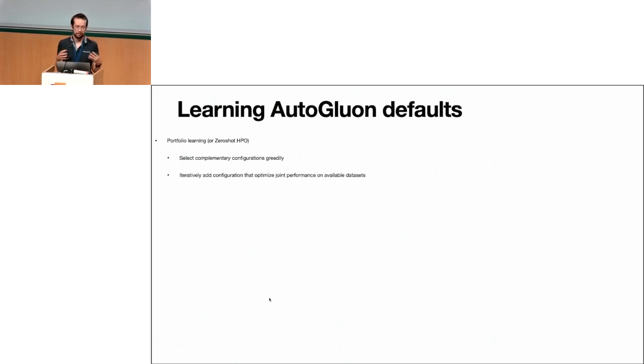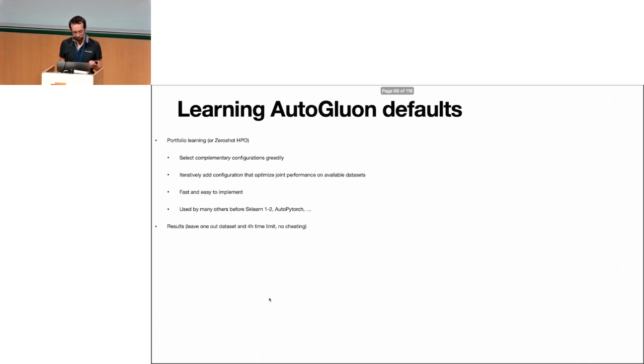It works because it's just two equations, and you could look at, for instance, the Auto-sklearn paper if you want to see this portfolio equation. But my point is it's very fast and easy to implement. And it's been used successfully by many before, so Auto-sklearn 1 and 2, AutoPyTorch.